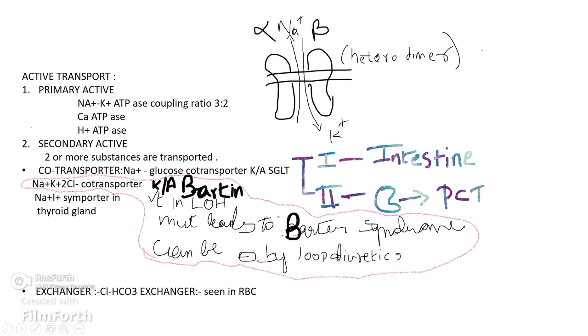Sodium glucose co-transporter, known as SGLT, is seen both in intestine and kidney. SGLT1, write it as I, present in intestine. 2, since we have two kidneys, SGLT2 is present in kidney. Remember like that. And within the kidney, particularly, it is seen in PCT.